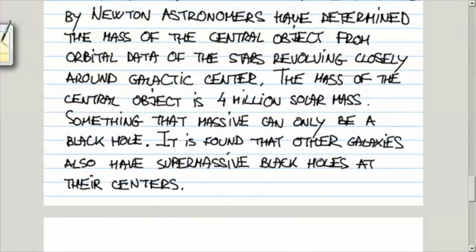So there's something intimate between galaxies and supermassive black holes. They always go together, okay? And that's one of the mysteries that astronomers or astrophysicists would like to solve when they consider the problem of galaxy formation, but we'll talk more about that later.